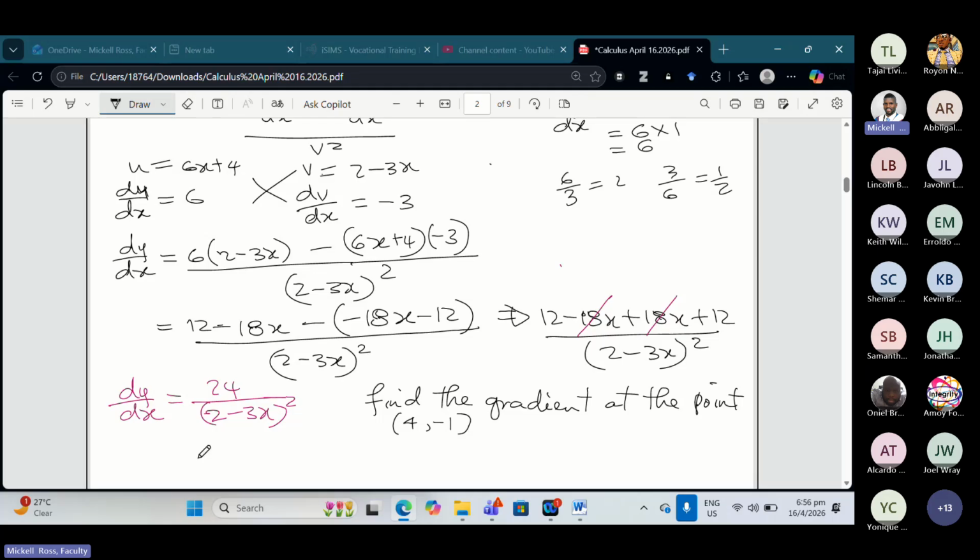That's something that you can be asked to do. So we know that the x is 4, and we know that the y is -1.